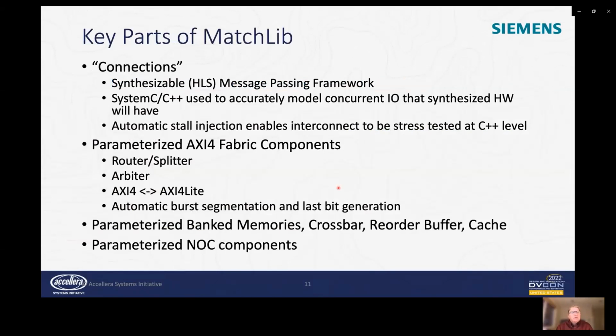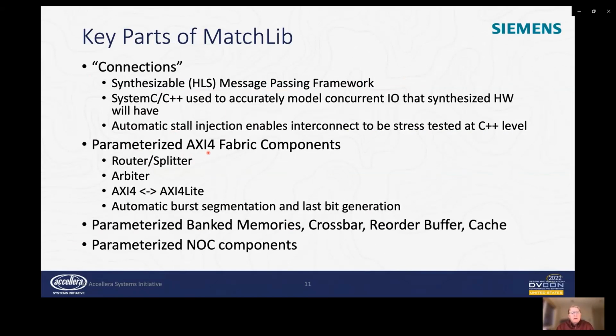Now, the key parts of MatchLib are the connections library. And this is a high-level synthesizable message passing framework. Built on top of that are parameterized AXI4 fabric components that we can use to assemble an AXI fabric.